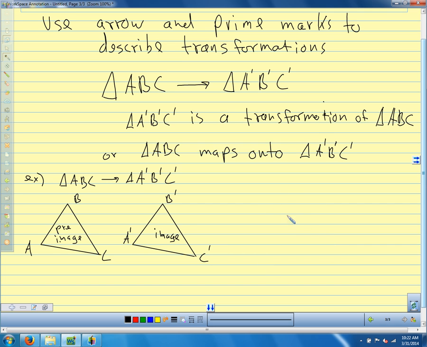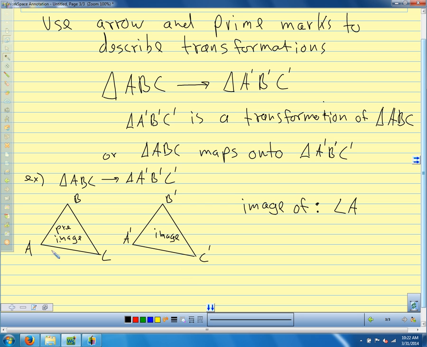So the question I want to ask here is, what is the image of angle A? My pre-image is here. What would be the image of angle A? A prime.